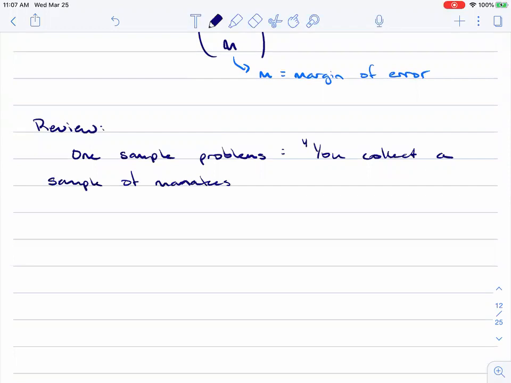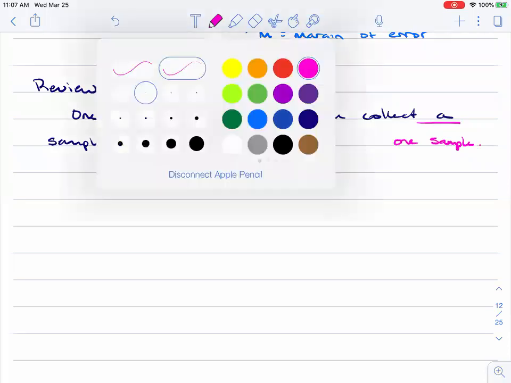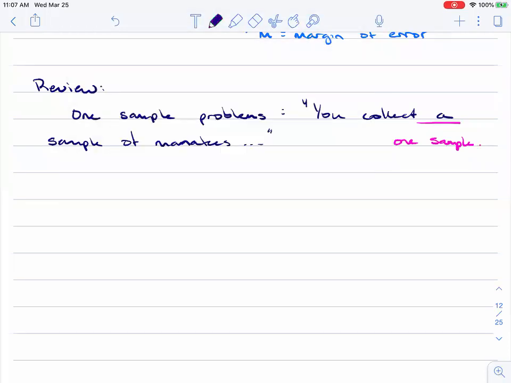You're just collecting one sample, and then usually what we do is hypothesis testing and confidence intervals.